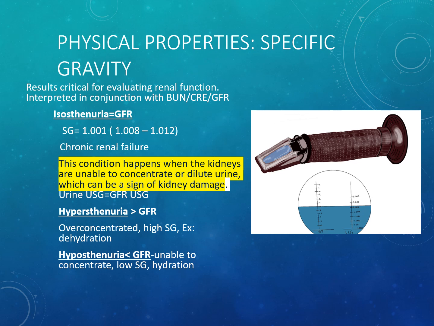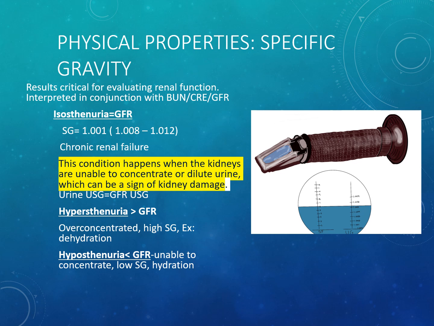Hyposthenuria is when the urine specific gravity is less than the range of the filtrate, and hyposthenuric urine has a lower osmolality than the plasma. So it's diluted compared to the plasma. The specific gravity is lower than that of the filtrate, and this can indicate hydration, for example.